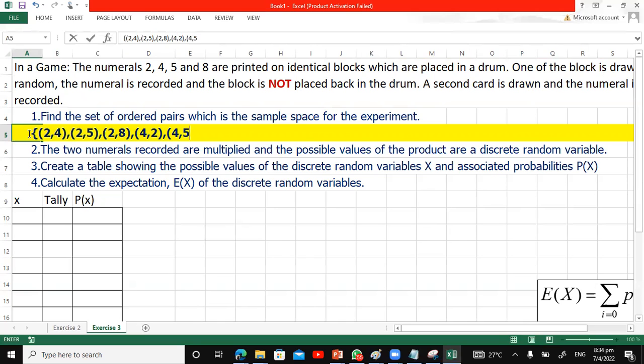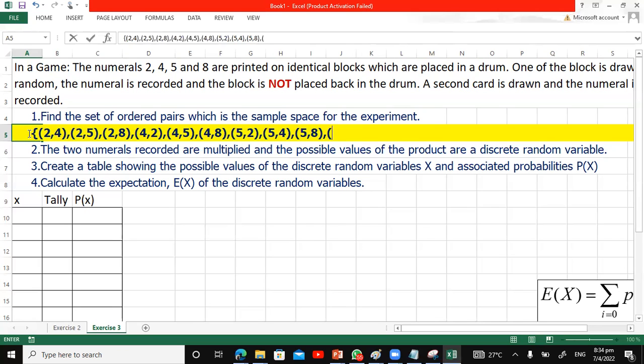You may have 4, 5. You may have 4, 8. All right. You may have 5, 2. You may have 5, 4. Can't have 5, 5. You may have 5, 8.